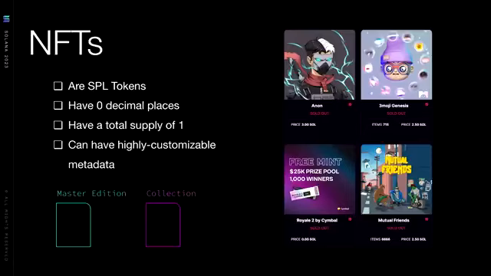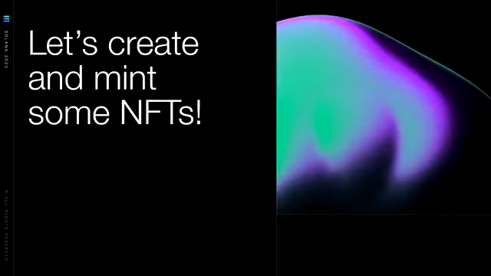So it's an NFT grouping that actually just has a relationship to all the NFTs within a collection. And the master edition account is just used to store some specific metadata information. We're not going to go super in depth into the master edition concept and everything that goes into that, but we'll talk a little bit about collections once we go through the process of actually creating an NFT collection and creating NFTs, which we'll do right now.